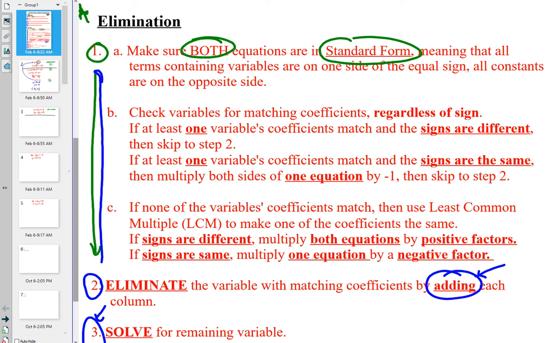Now, in this case, part A of step one is done because of the standard form. And that is enough for me to say, let's just do elimination. But there's another part that's just as important, and that's that we need to have matching coefficients. What's a coefficient?